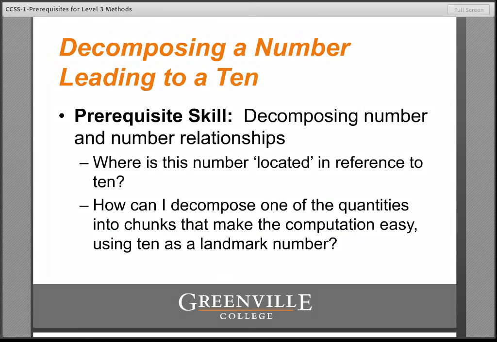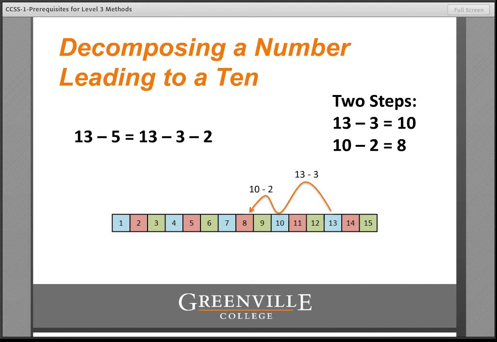In addition to decomposing number, knowing the sums of 10, and understanding the relationship of addition and subtraction, there's one additional skill here as well, and that involves knowing where the numbers are in reference to landmark numbers. So if I go back here for just a minute, you can actually see that I have to mentally know on a number path where 13 is in reference to 10 and where 8 is in reference to 10 in order to have figured out how to use this strategy.